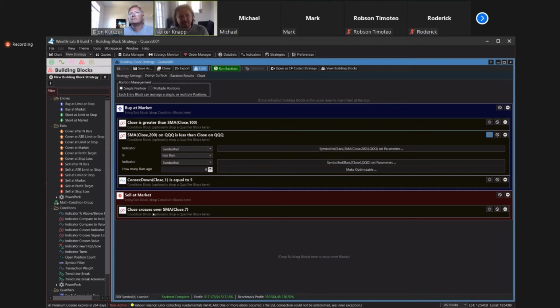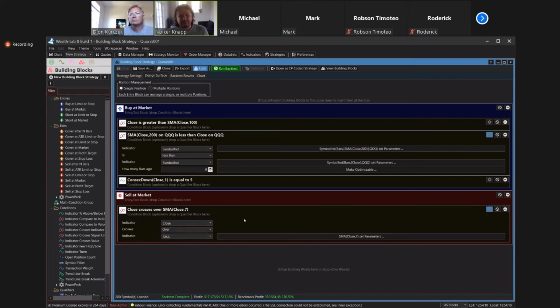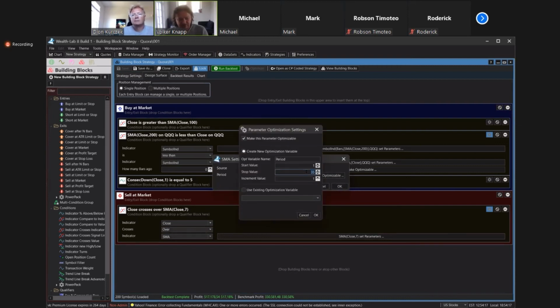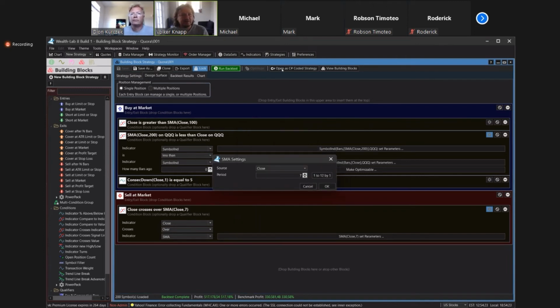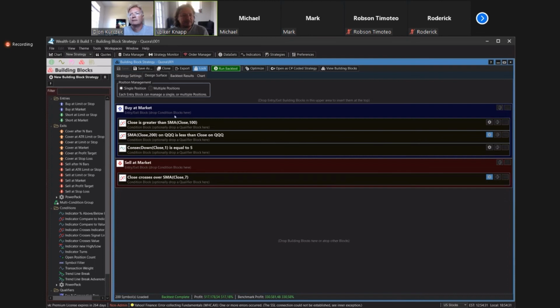So if I would use this exit optimization, I will make it optimizable, and I call it 1 just to make it short. Okay, 1 point. So now I would go to the optimizer.